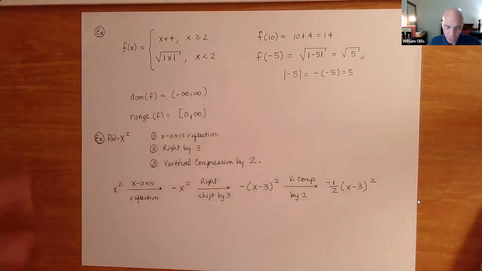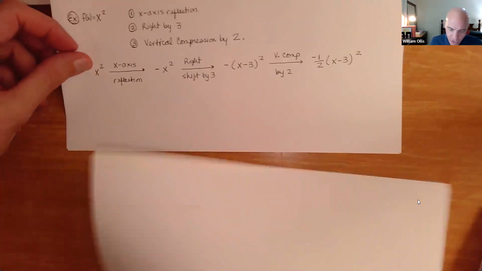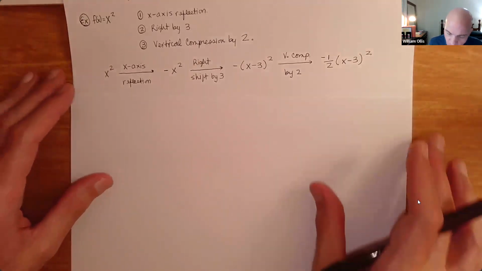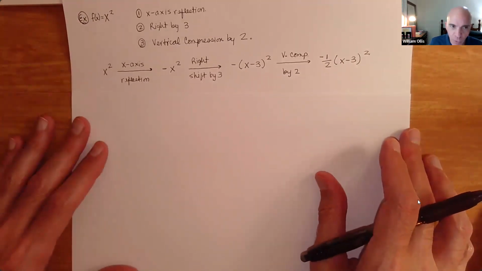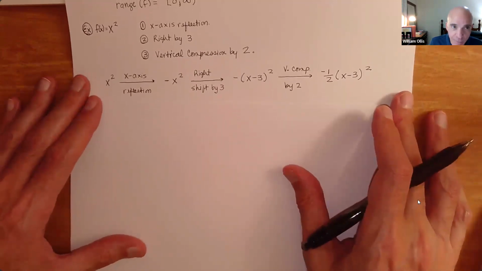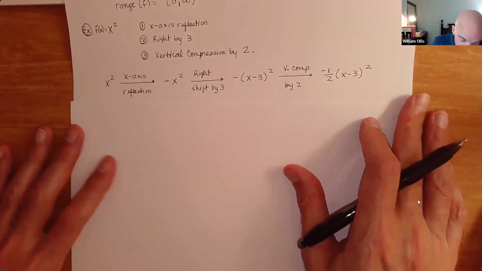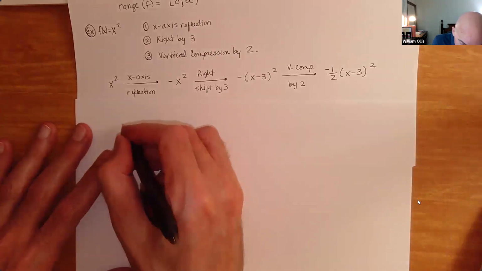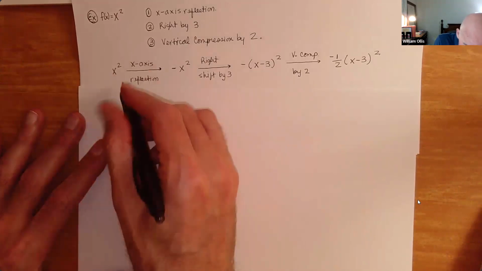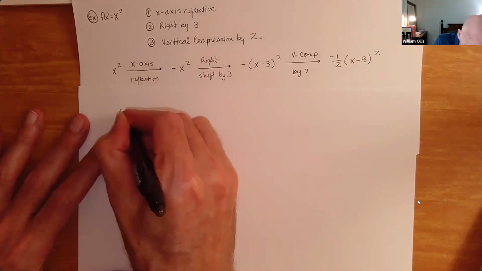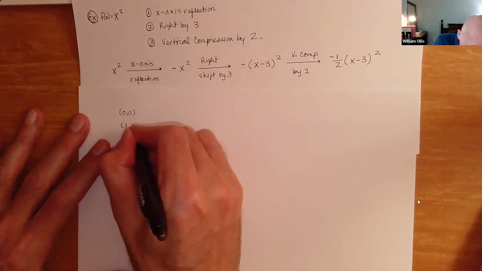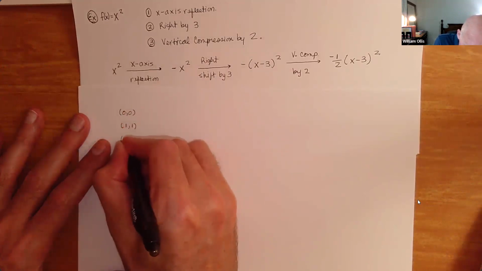With the parent functions, we can actually graph because we know what the parent looks like. So let's do that, and we'll move some simple points. When you're trying to get a simple graph, you can just think of the very simple points that are on the parent. So let's just recall that we have the following points. That is, we have 0, 0. We have 1, 1, and we have -1, 1.